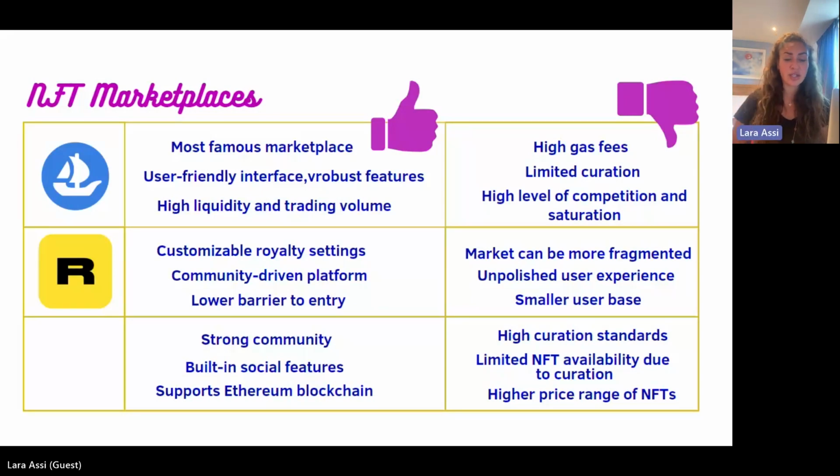The customization is amazing, and it's a very community driven platform, which is something that I've been talking about endlessly. And it has a lower barrier to entry, meaning the fees and whatnot. As I was explaining to you, every marketplace takes a fee when you trade or sell NFTs.